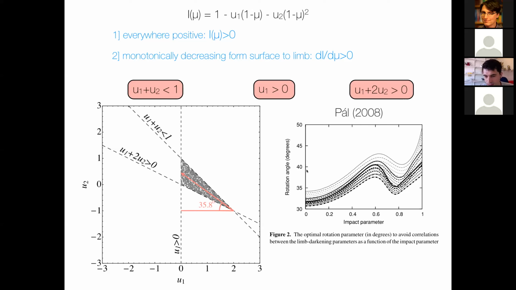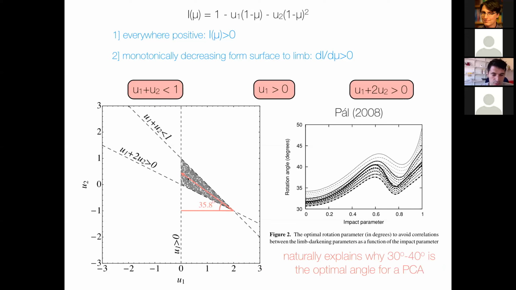So he's saying he doesn't really know why. He doesn't really talk about why it's 30 to 40 degrees. He just notes it as a result of his analysis that if you use an angle between here, you will minimize the autocorrelation. And you actually see why this is. So here's a natural explanation as to why 30 to 40 degrees is the optimal range. Because now your MCMC is wandering up and down this triangle along this bisector.